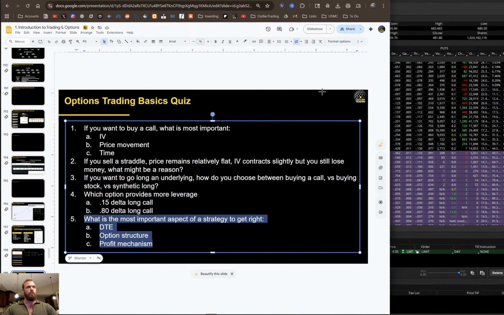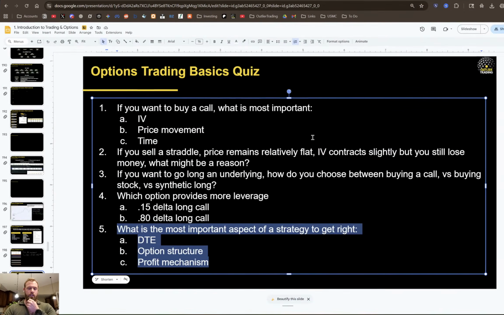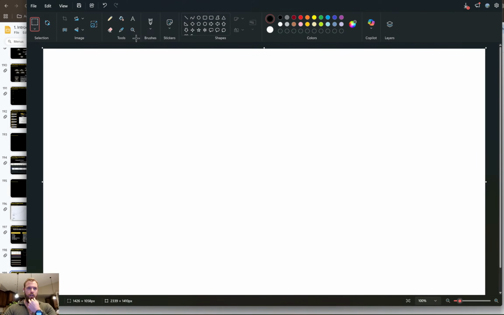It's not wrong, but like your original answer of B, the reason why option structure is incorrect in this scenario and profit mechanism is correct is actually for the same reason but inverted.